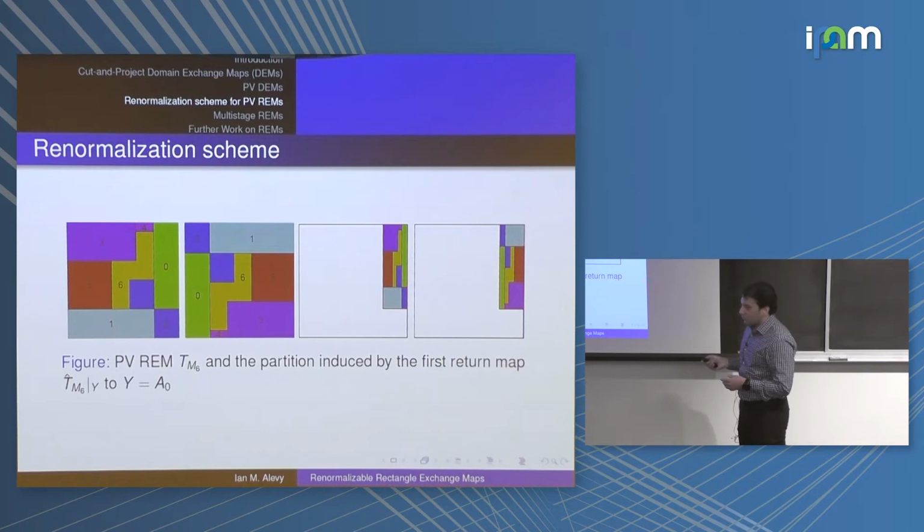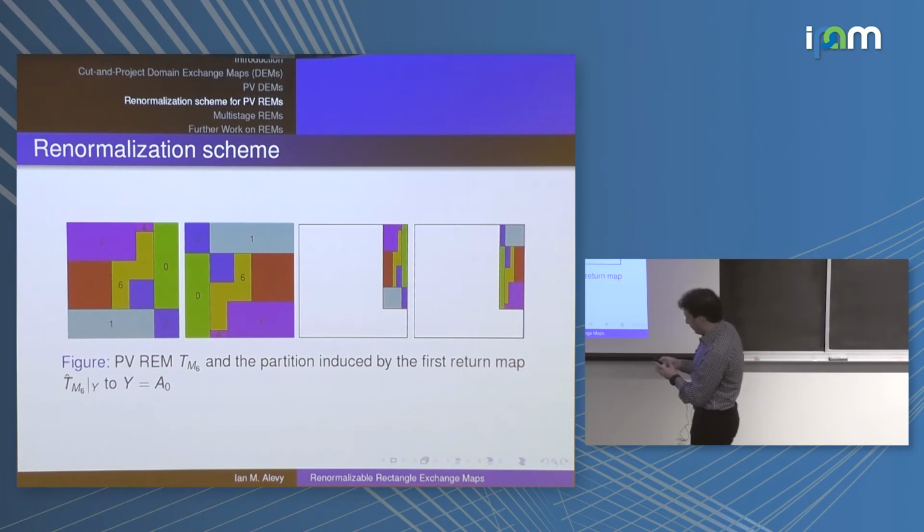So this is quite remarkable, because if you follow around the orbit of a point and try to compute the first return map that way, for example, if we take a point which lies in this portion of the rectangle, over here, its orbit could be very complicated.